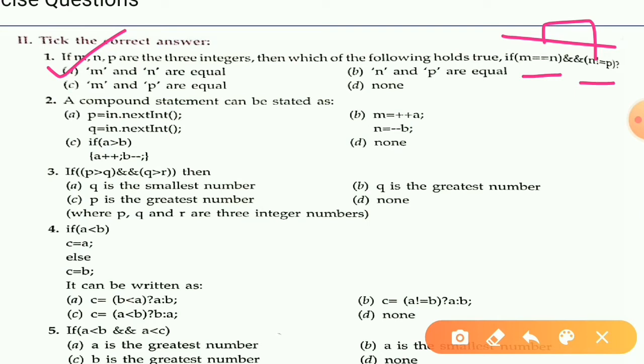Now see the second question: a compound statement can be stated as. When I told you about the if construct, I told you about this compound statement. In the brackets after the if statement, if you have multiple statements, then these statements are termed a compound statement. See the first option, p equals int, next int and all these things.